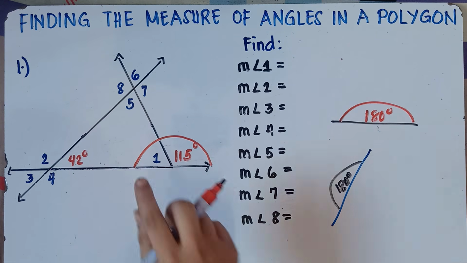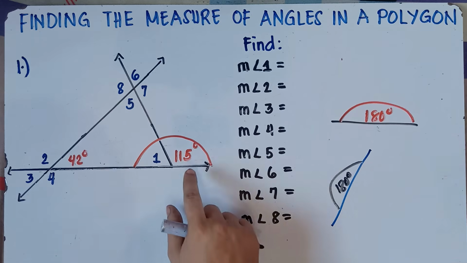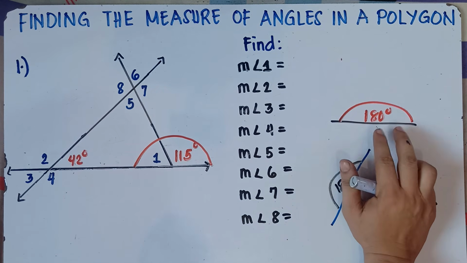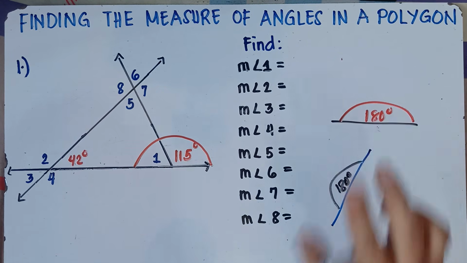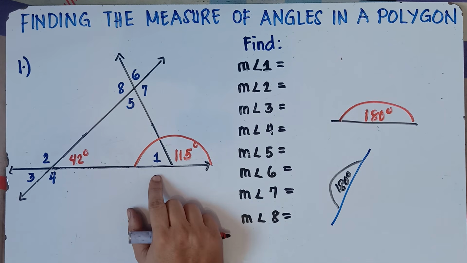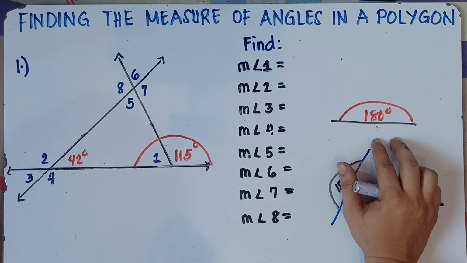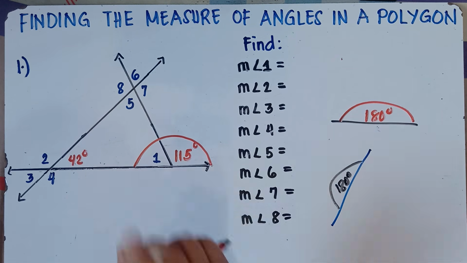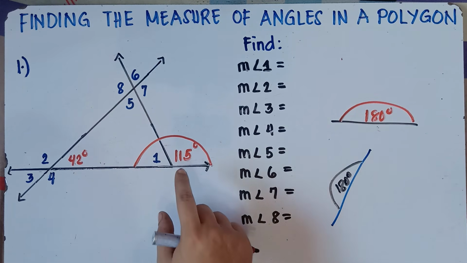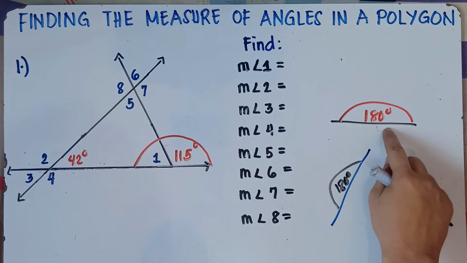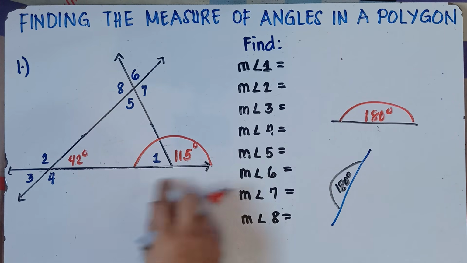Therefore, angle 1 plus 115 degrees should be equal to 180 degrees. To get angle 1, we simply subtract 115 from 180.